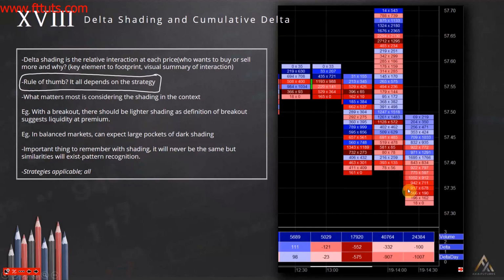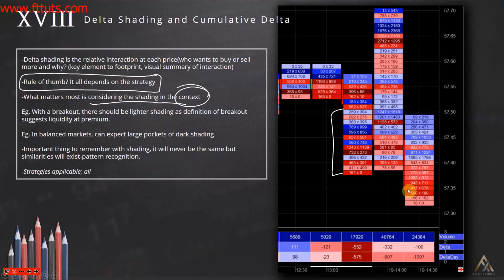So you are going to see very specific color scheming when I show you the auction reversal strategy. You're going to see very specific color scheming when I show you the imbalance strategy. The key is for you to develop an understanding of what kind of color scheming you want to see based on the strategy you're trying to execute. So what matters most is considering the shading in the context of the strategy.